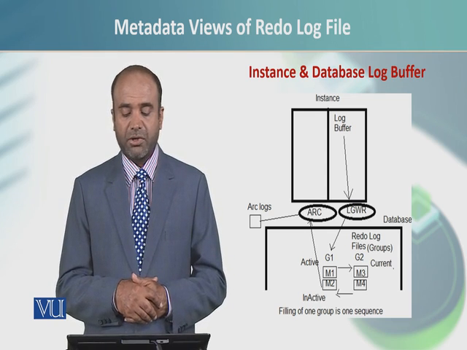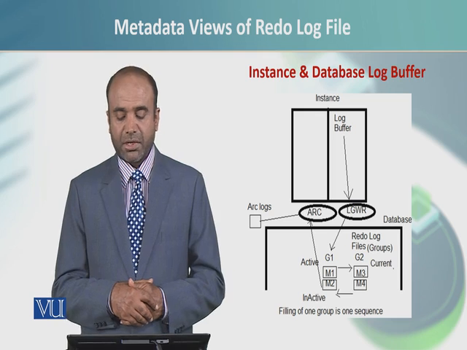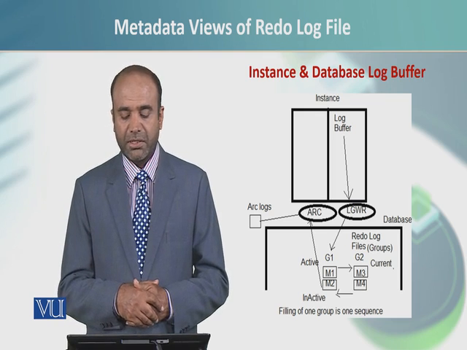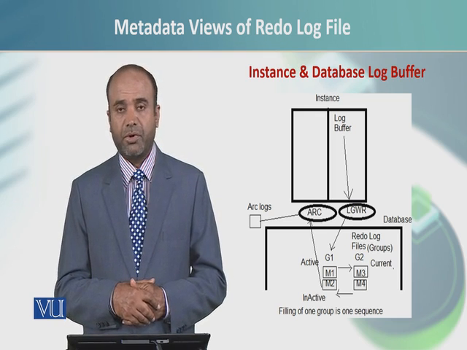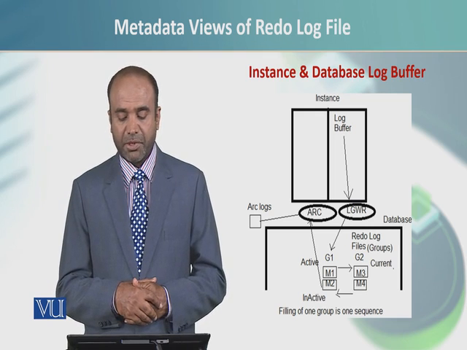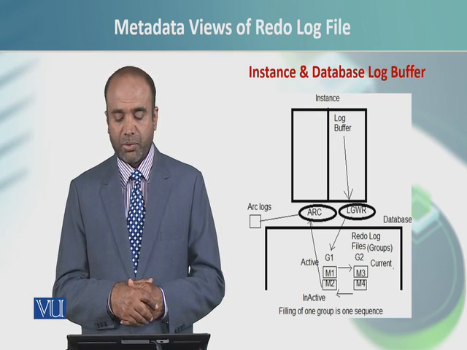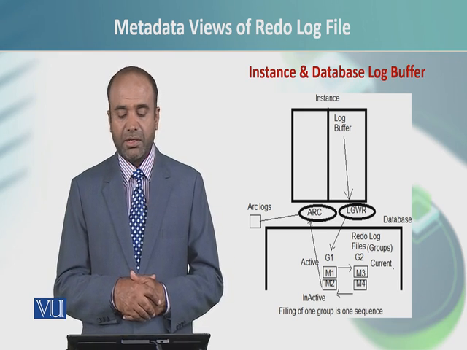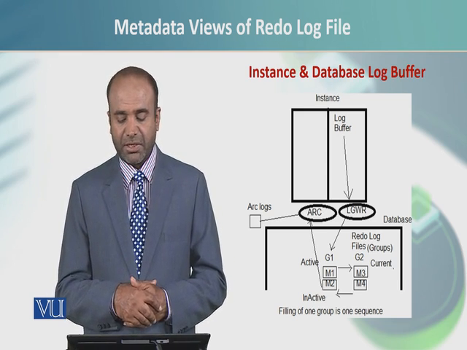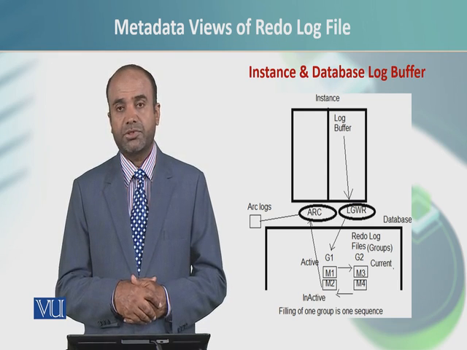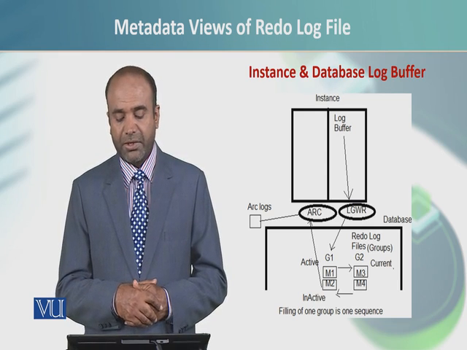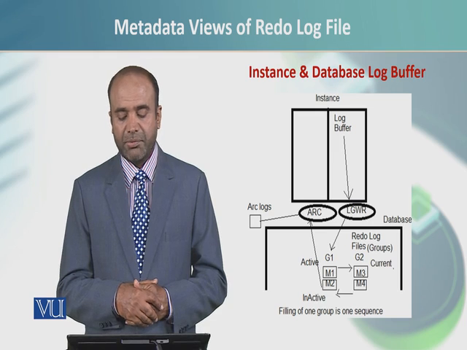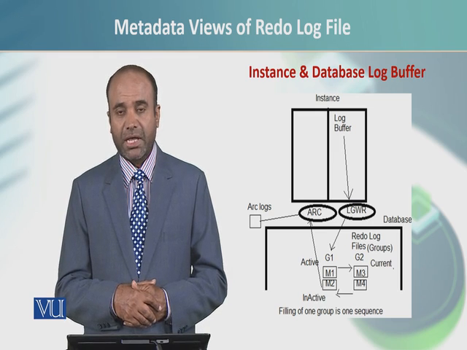This log writer starts filling the log for group 1, which has members M1 and M2. Once these members M1 and M2 are filled up, then group 2 will start filling up. While the members of group 1 are filling up, they are active members.